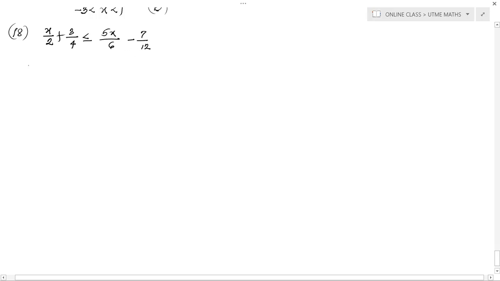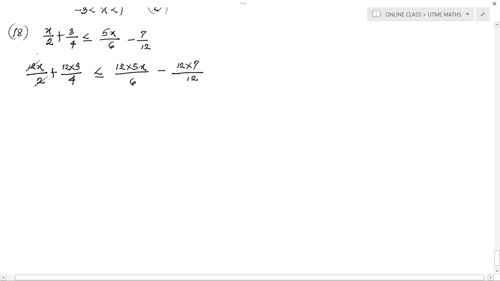So it means we'll be having 12 times x over 2 plus 12 times 3 over 4, less than or equal to 12 times 5x over 6 minus 12 times 7 over 12.